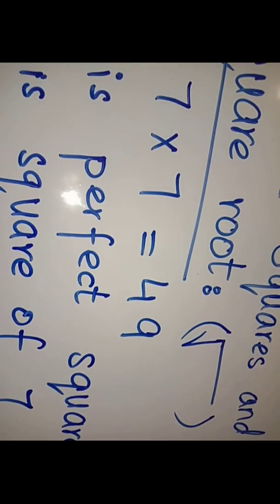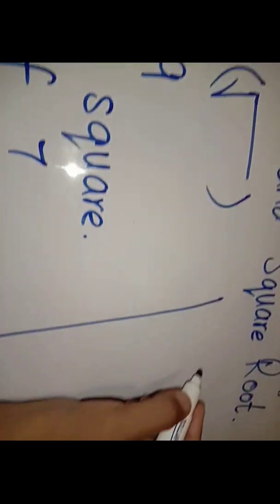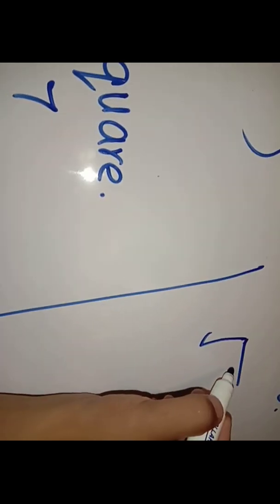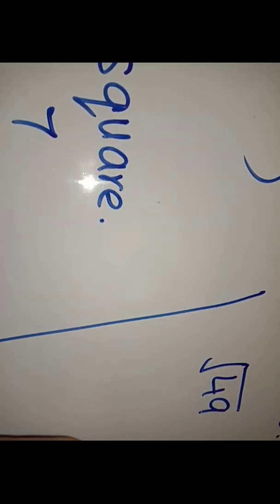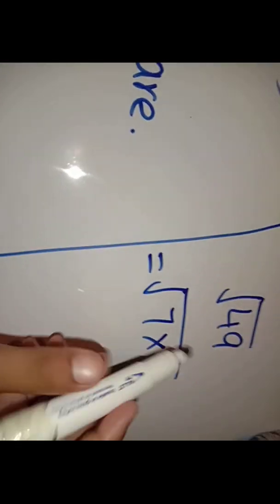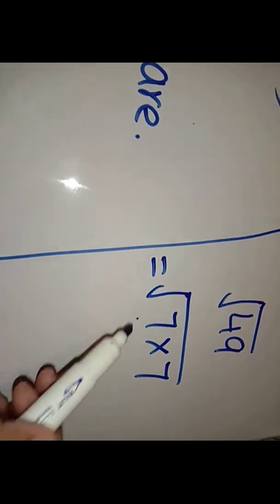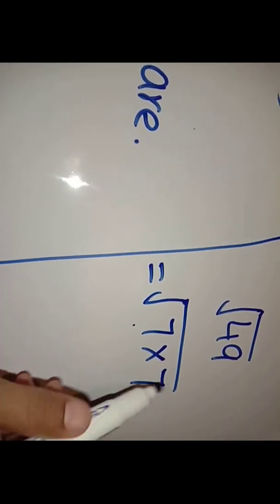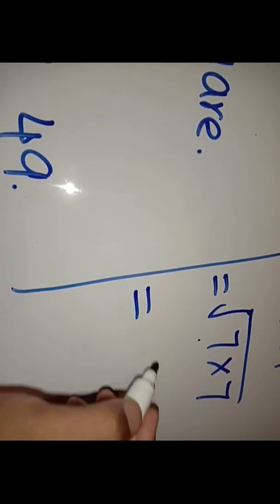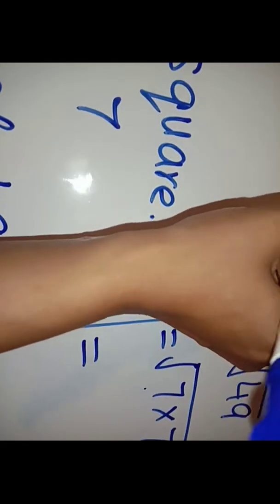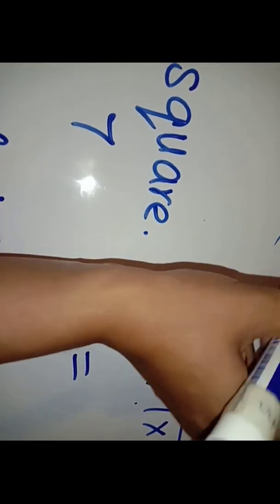We can also write it as under root 49. Means 7 multiplied by 7 is equal to 49. So we will write 7 multiplied by 7 in place of 49, and its value is 1/2.